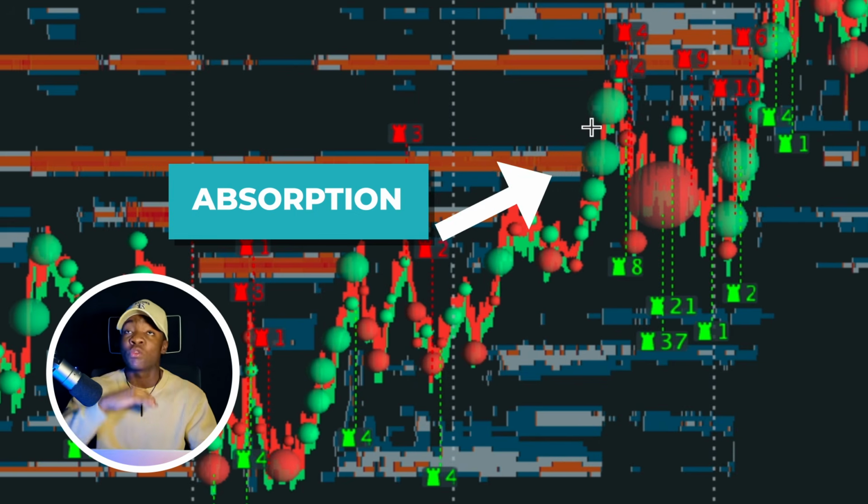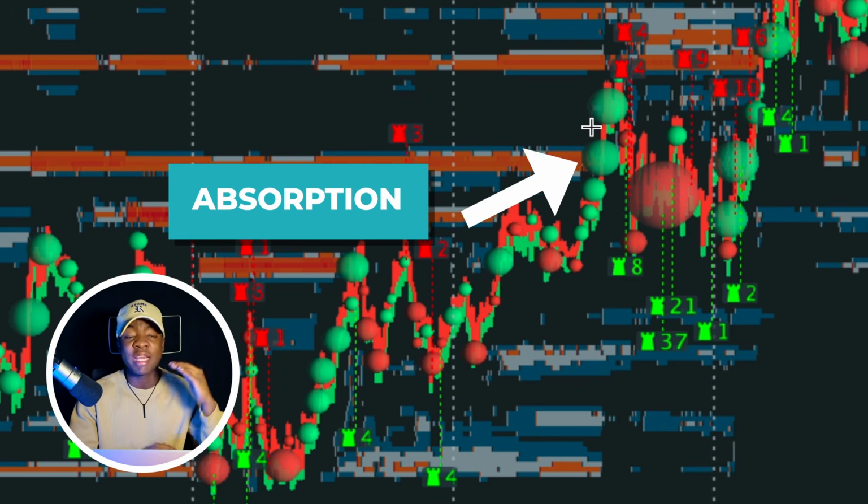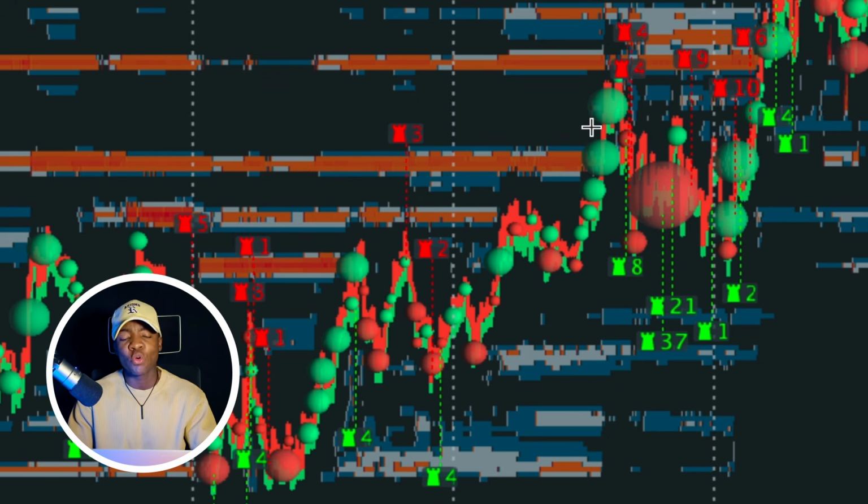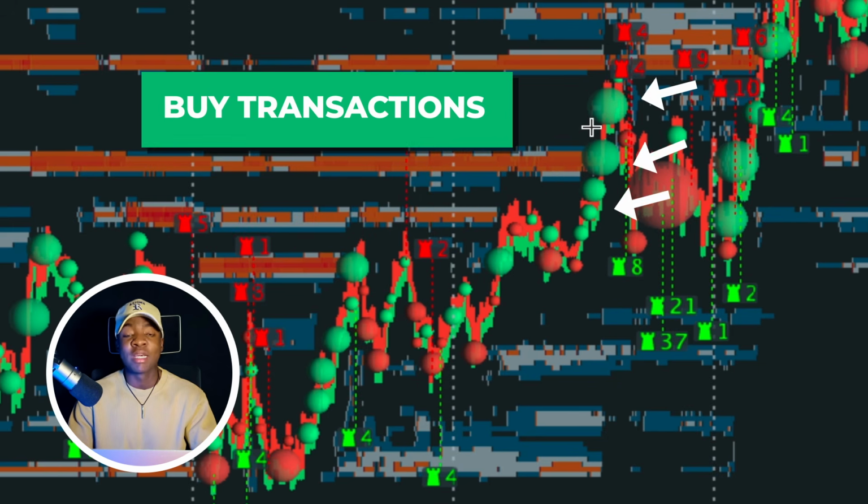It's not moving, it's not going up, it's not going down. Know that some people are getting trapped, either sellers or buyers, and wait for confirmation. So right here we saw some consolidation or absorption, and then after that we saw green bubbles, large buy transactions coming in, and then we got into our trade.